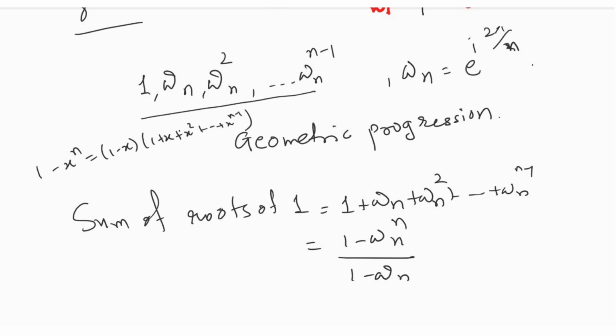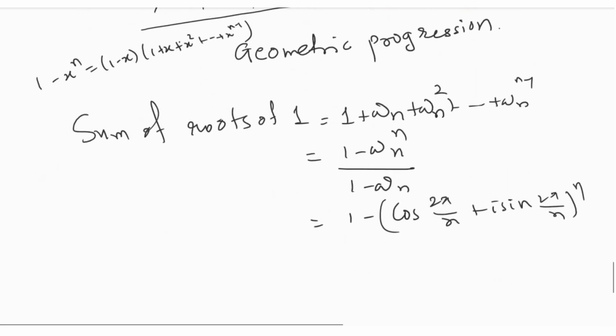Now what is omega n power n? What is omega? It is cos 2 pi by n plus i sine 2 pi by n. So that is 1 minus (cos 2 pi by n plus i sine 2 pi by n) whole power n upon 1 minus omega n.